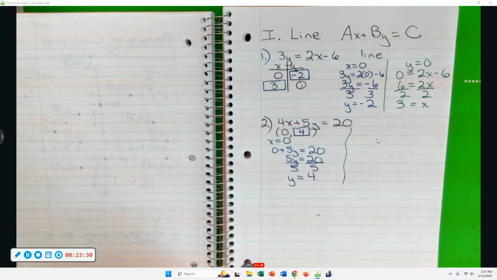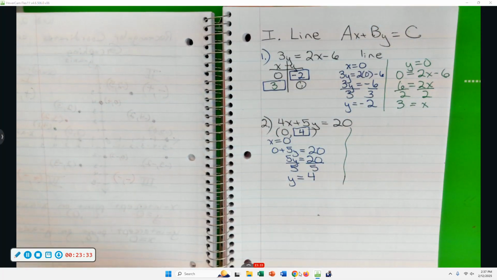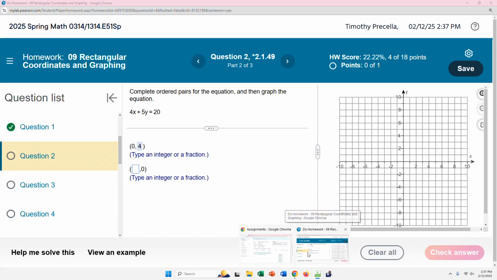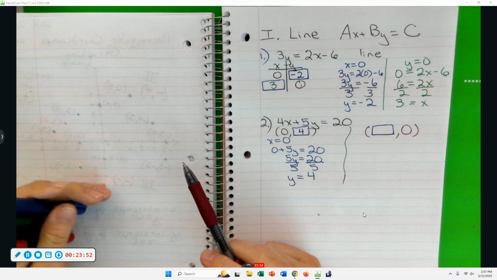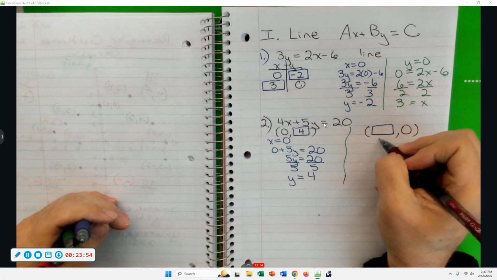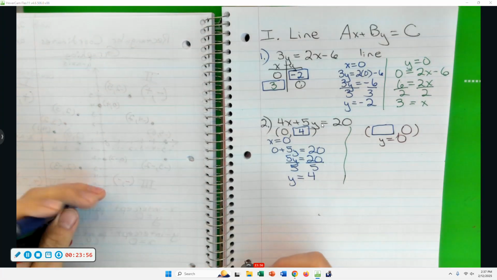Okay. Now we're going to draw. Let's see what the second one is. They have to tell us something else. We need to get 2 ordered pairs. Look at the next ordered pair they're giving us. What is this ordered pair telling us to do? Let y equal 0. So we're letting y equal 0.